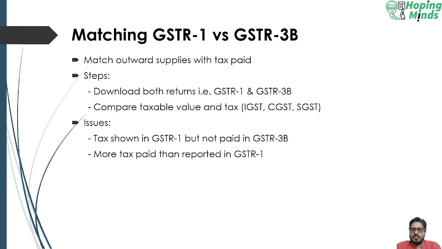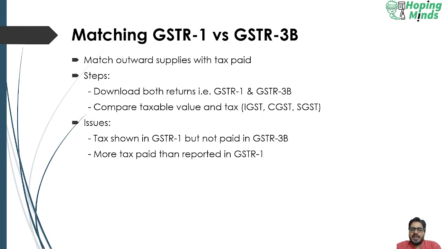So to match both the returns, the first step will be to download the GSTR-1 return and GSTR-3B return from the GST portal. Upon downloading, compare the outward taxable values and tax components, that is IGST, CGST and SGST as declared under table 3.1(a) of the GSTR-3B with the GSTR-1 totals.